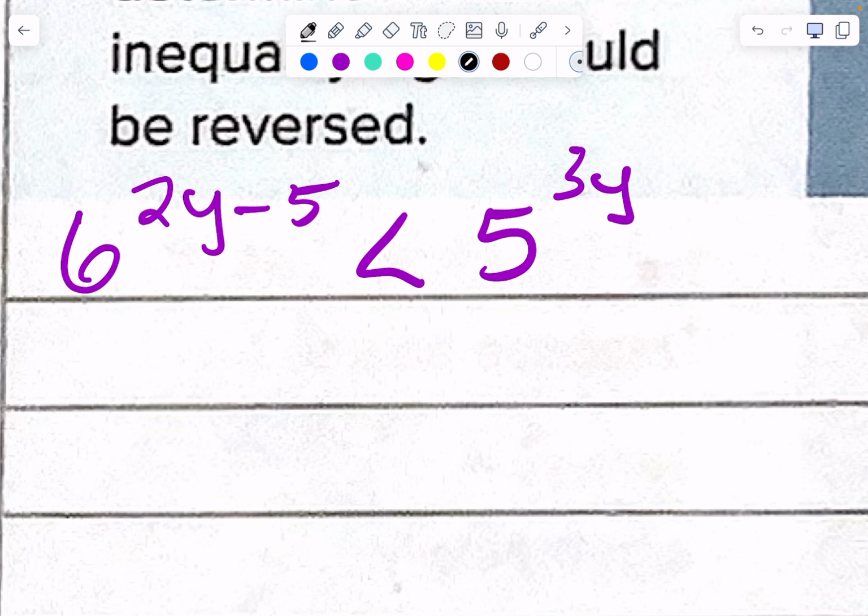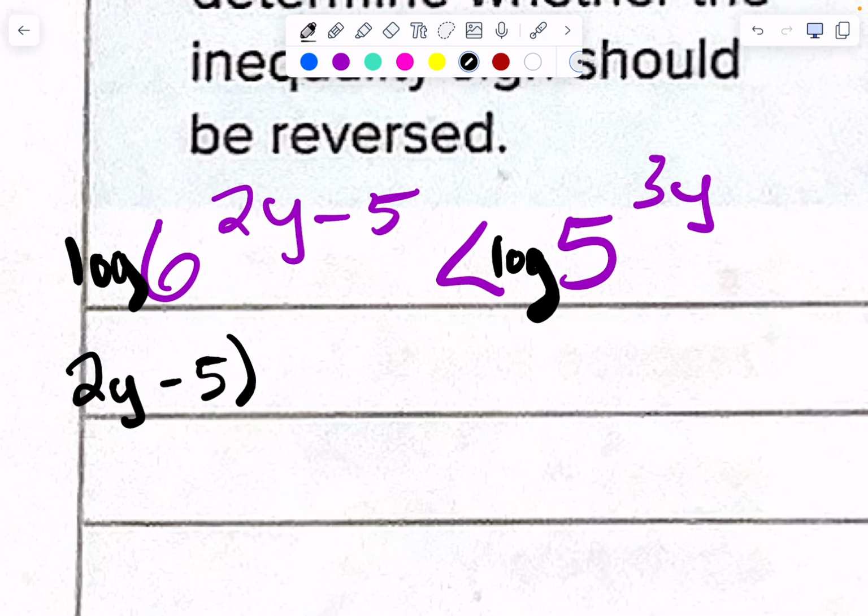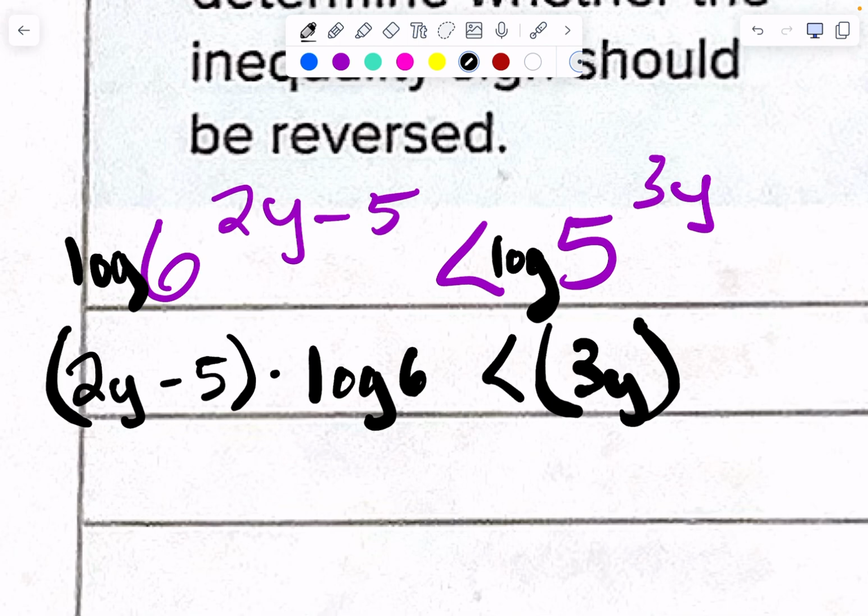No. So we put log in front of both sides. Then what do I do once I put the log in front of both? Exponents come down in front. So this is 2y minus 5, that whole chunk, times log 6 is less than 3y times log of 5. Do you see how that works? Okay. Now what would you like to do?